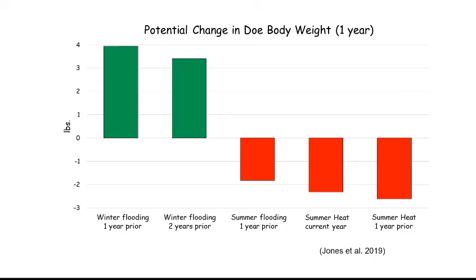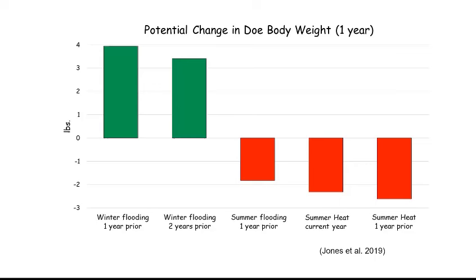They're associated with winter flooding 1 year prior and winter flooding 2 years prior to the year that it was measured, tended to increase the weights of yearling does 4 pounds and 3.5 pounds based on winter flooding 1 and 2 years prior. If it was a year where there was summer flooding 1 year prior, you tended to have a decline in doe body weights the following year of about 2 pounds.